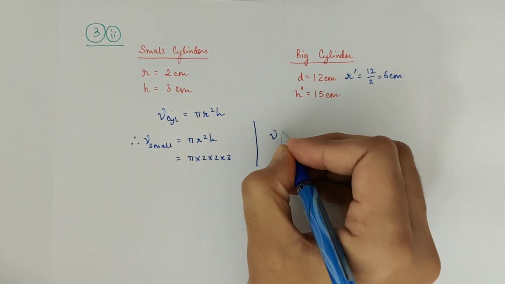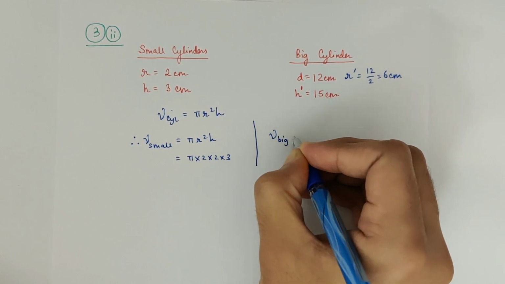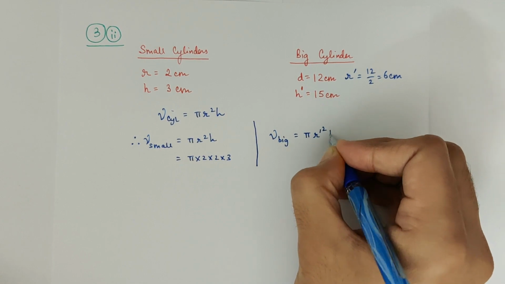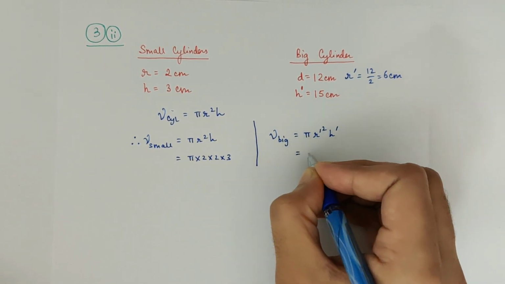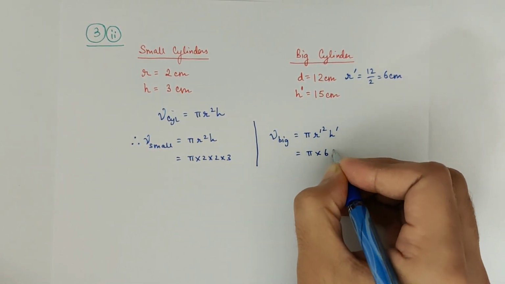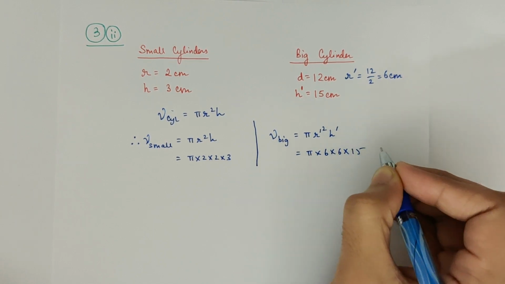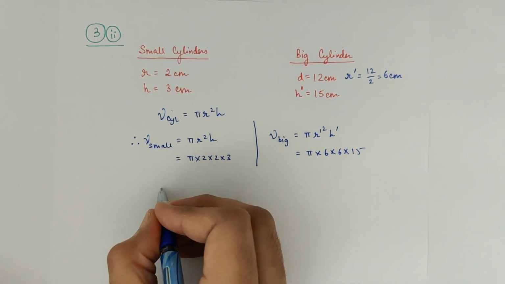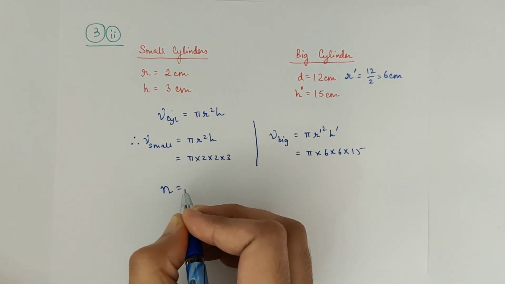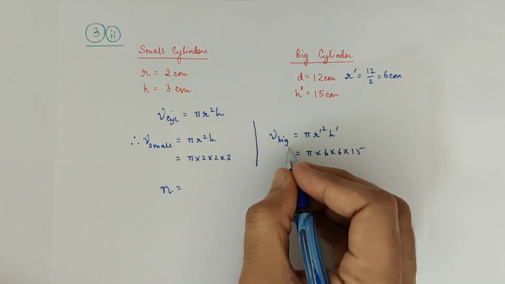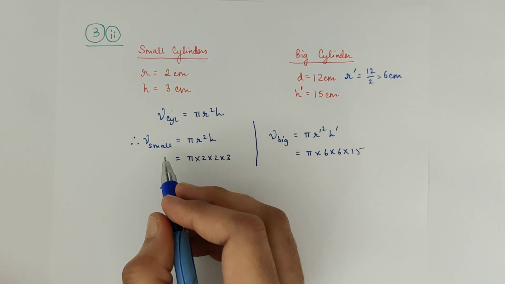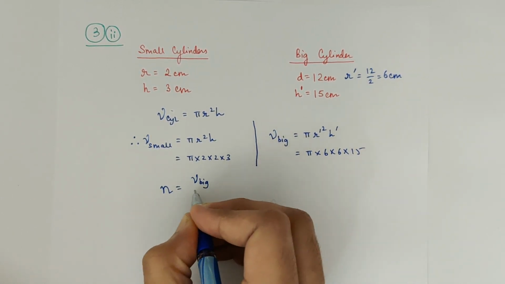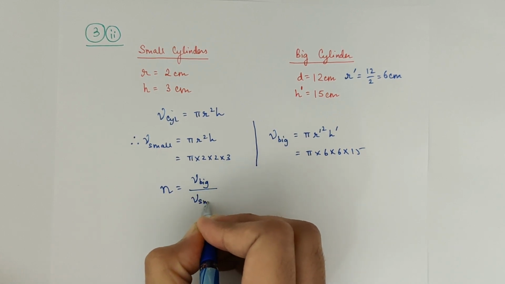And the volume of big cylinder will be equal to pi R dash square H dash. So that is pi into 6 into 6 into 15. Now, number of small cylinders N will be equal to the volume of the big cylinder divided by the volume of the small cylinders.